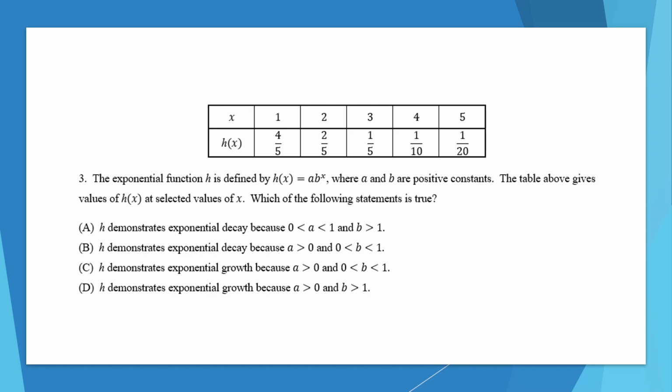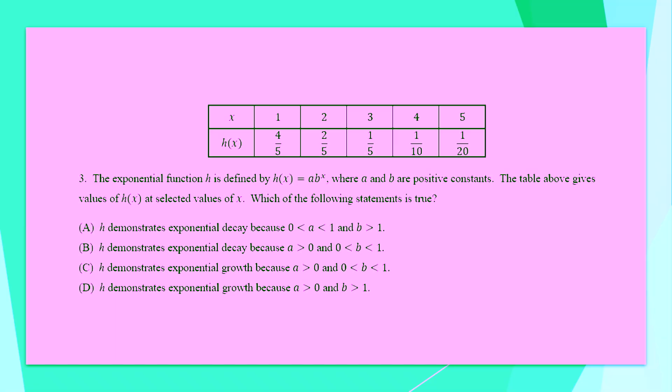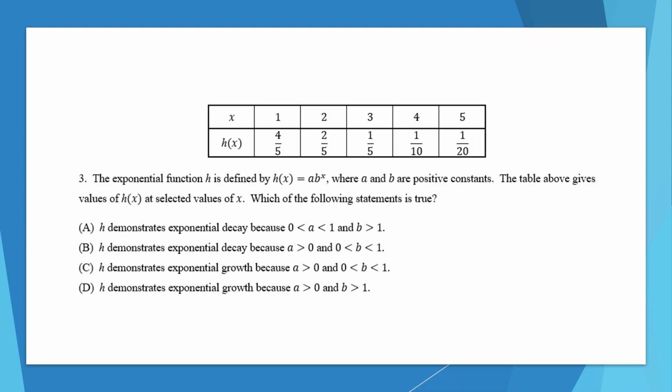All right, number 3, the exponential function is defined h of x equals a times b to the power of x, where a and b are positive constants. Which of the following is true? Taking a look here, we see 4/5 to 2/5, 2/5 to 1/5, so it's definitely getting smaller.